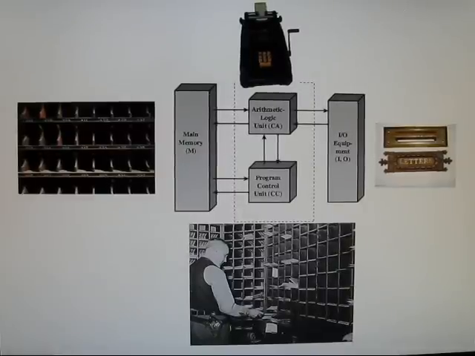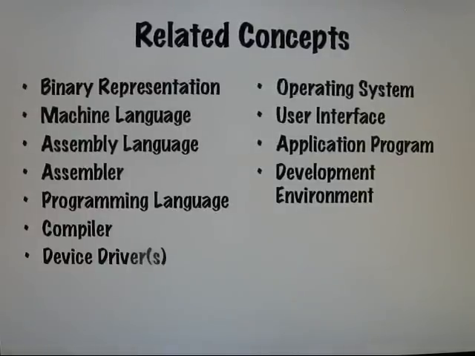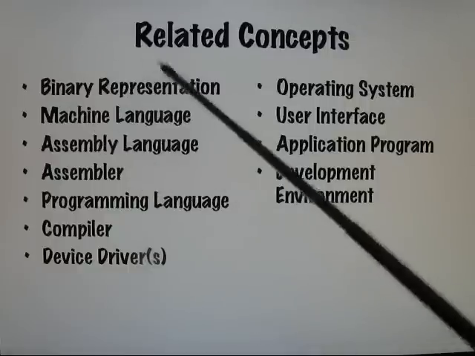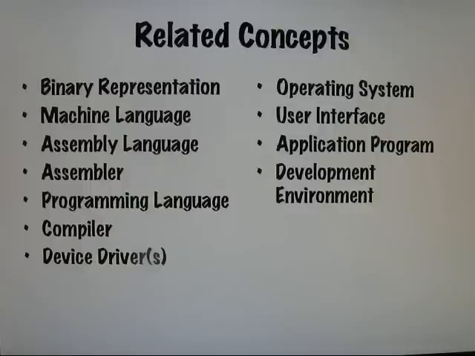Now, one of the things I'd like to ask you to do is look at the terms on this page and relate these terms to that conceptual model. Some of these we've talked about in class or will talk about. Easy ones like, what's a binary representation?